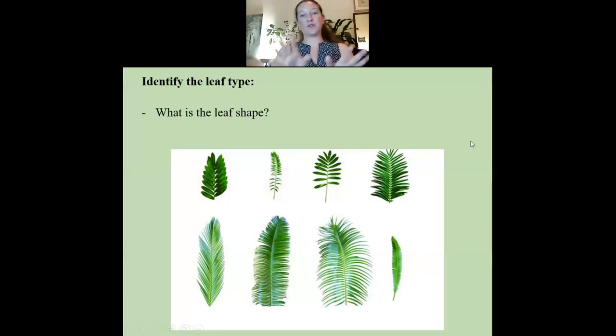So here's a group of leaves. All of these leaves have the same division. And so looking at these leaves, what do you think they would have? Think about it for a second.